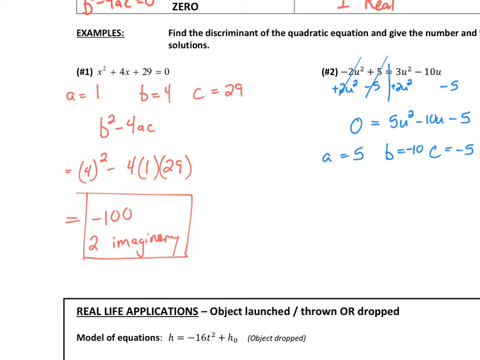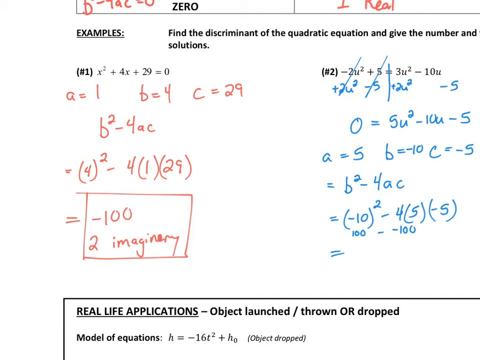Once we have a, b, and c, we use the discriminant formula, b squared minus 4ac. So we get negative 10 squared minus 4 times 5 times negative 5. Negative 10 squared is 100. So we get 100 minus negative 100.